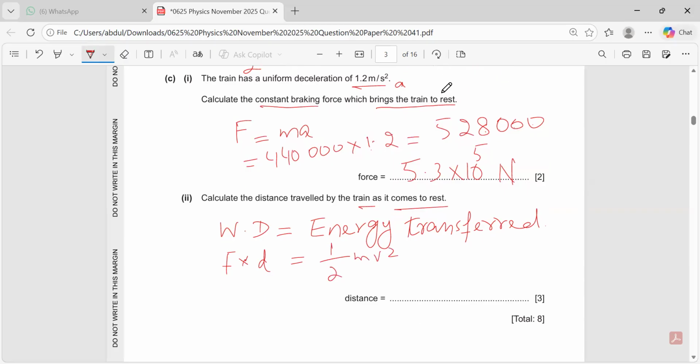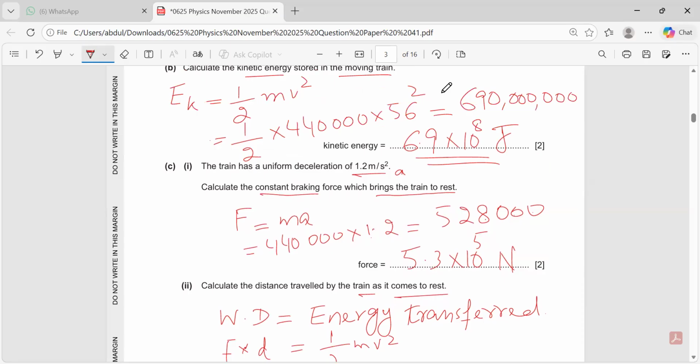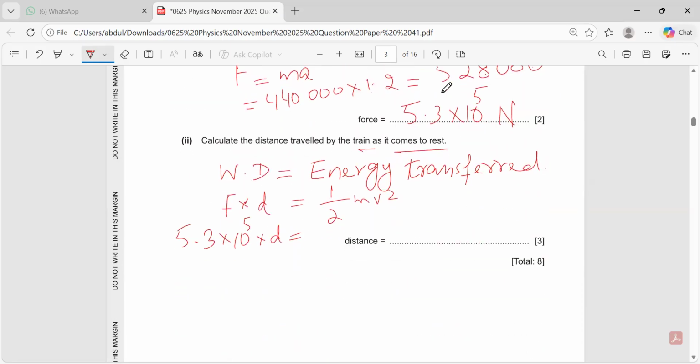So, dear friends, force we just calculated, it is 5.3 times 10 raised to the power 5 times D, and kinetic energy we calculated in the beginning, 6.9 times 10 raised to the power of 8. So when we simplify for D, that will be equal to 6.9 times 10 raised to power 8 over 5.3 times 10 raised to the power of 5.